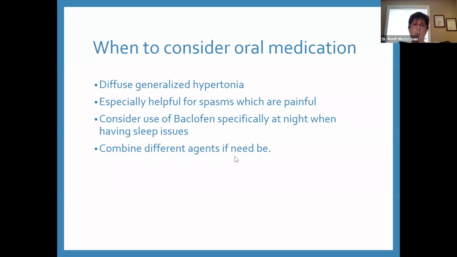Another principle that I would like to also share is that in tone management, when using oral medications, with higher doses, we will typically see more side effects. And that is true for many medications in other fields as well.